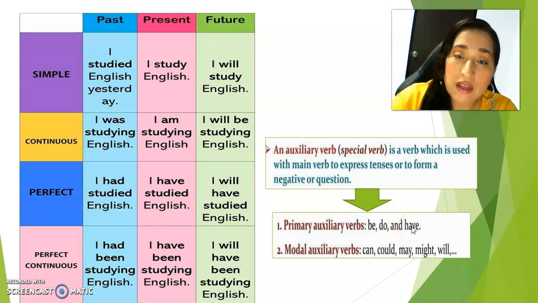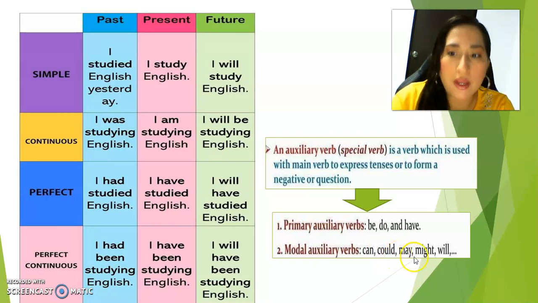Have is the auxiliary verb in the perfect tenses. So we have in singular has and in plural have. Modal auxiliary verbs. Sometimes we use modal verbs as auxiliary verbs. For example, can, could, may, might, and will.